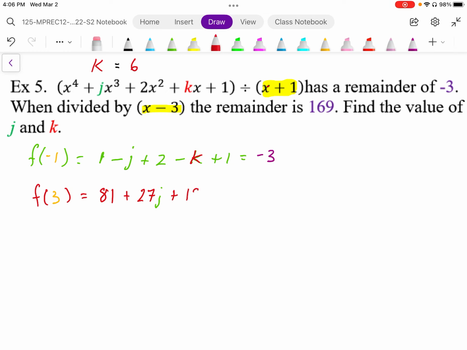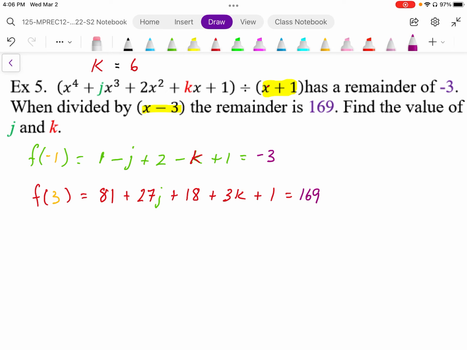That's going to be 9 times 2, which is 18, plus, and I'm going to plug 3 into here. I get 3k plus 1, and that's all going to be equal to the remainder, which I was told was 169. So what I've done then is I've come up with two equations.